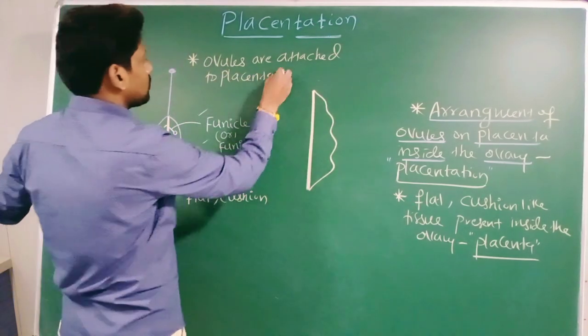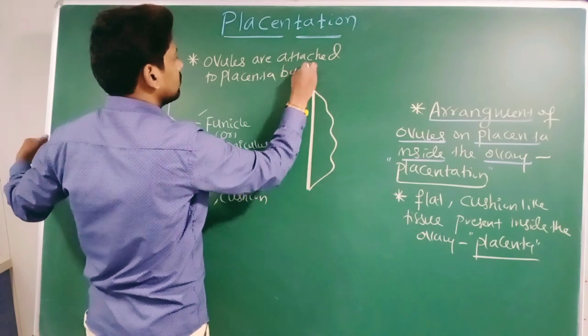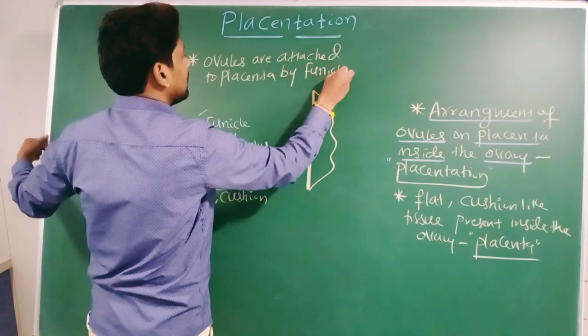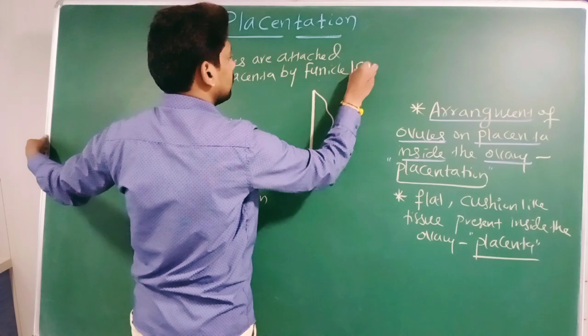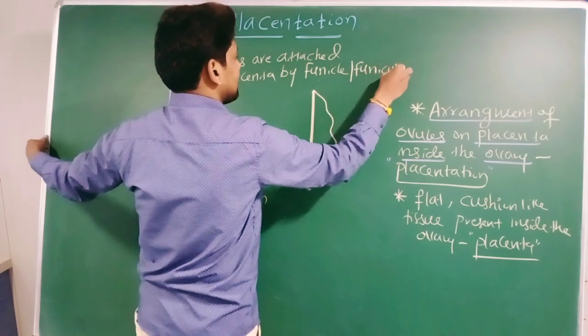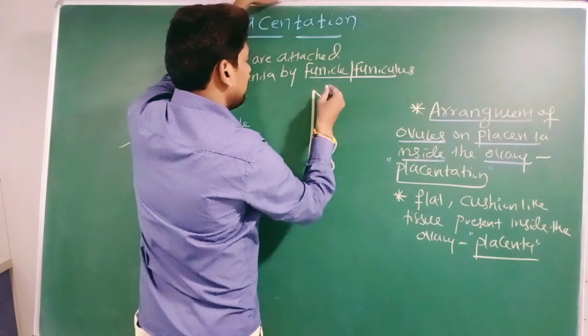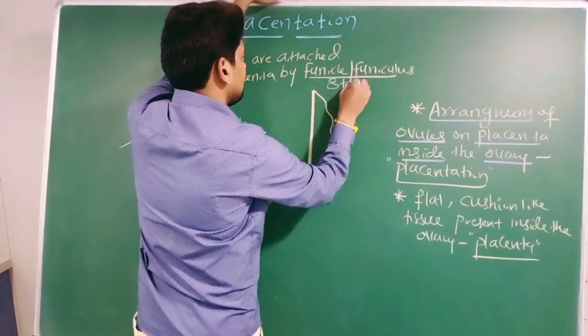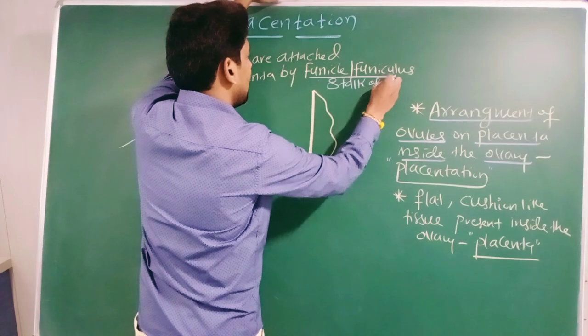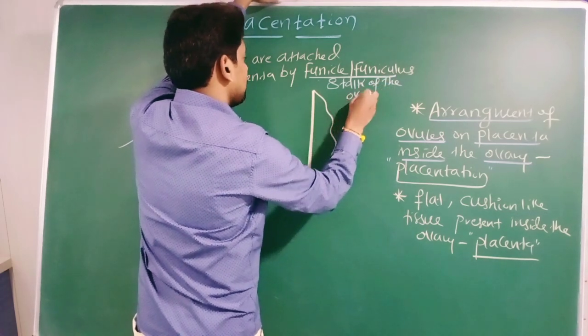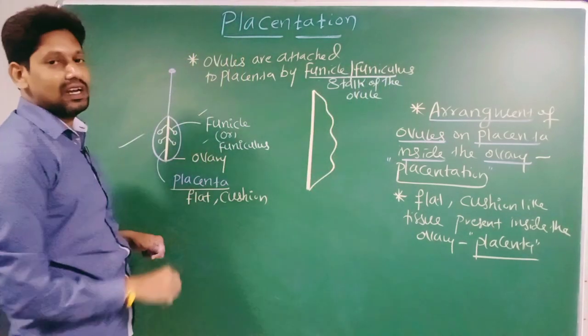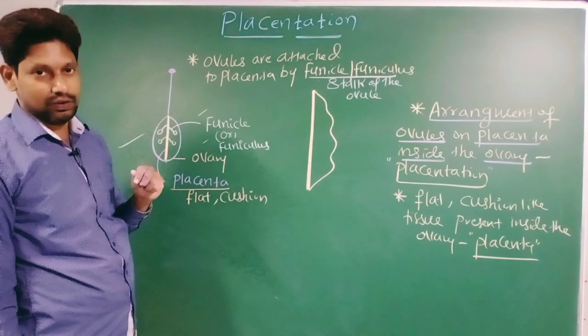Ovules are attached to the placenta by the funicle or funiculus. What is this funicle or funiculus? It is nothing but the stalk of the ovule, right?